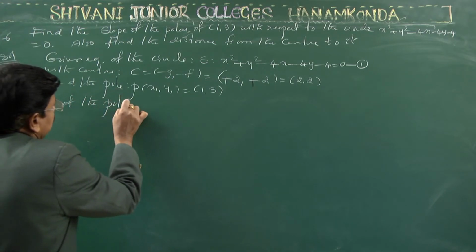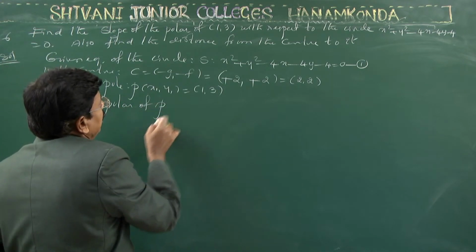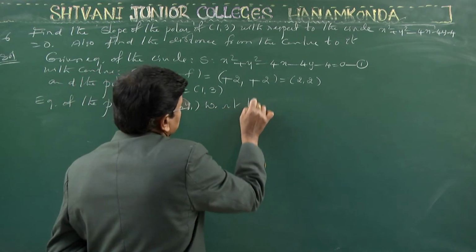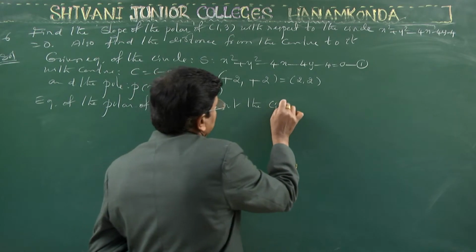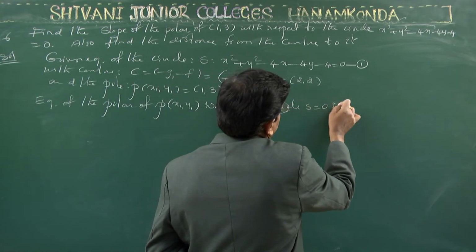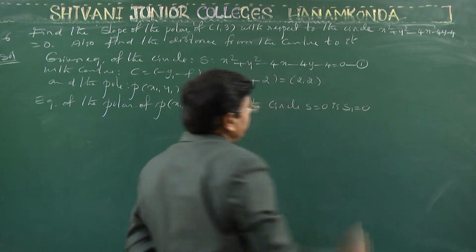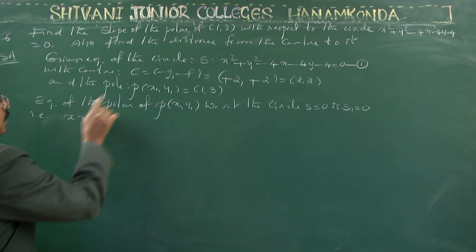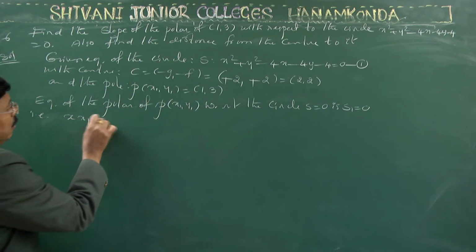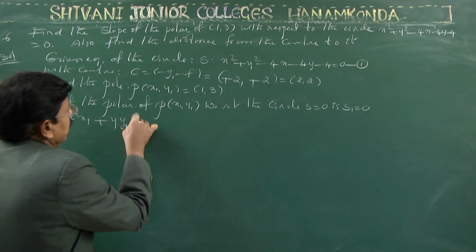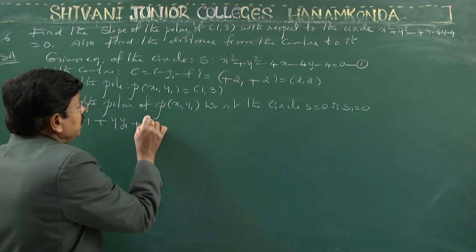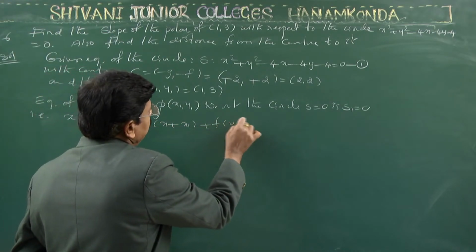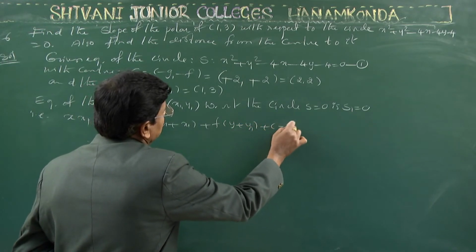The equation of the polar of P(x1, y1) with respect to the circle S = 0 is S1 = 0. What about S1? As in the previous class, replace x square by x x1, y square by y y1, and 2x becomes x plus x1, g of (x plus x1), f of (y plus y1), plus c. That is the formula.